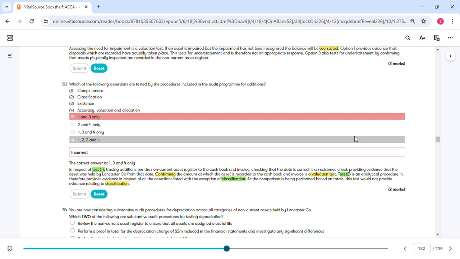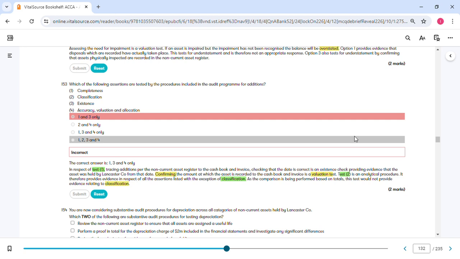Test 1 says that tracing additions in the non-current asset register back to the cash book and invoice, checking the date is correct, is existence. It provides evidence that the asset was held by Lancaster Company from that date, and confirming that the amount at which the asset is recorded in the cash book and invoice is a valuation test.